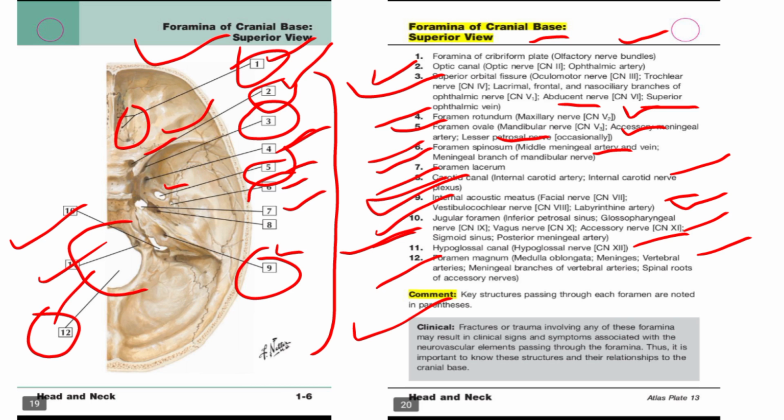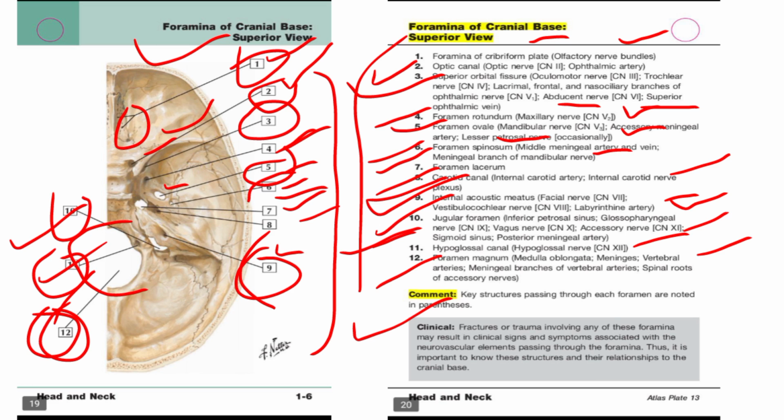Seventh is the foramen lacerum. Eighth, we have the internal carotid canal, and the ninth is the internal acoustic meatus. Tenth is the jugular foramen. Eleventh is the hypoglossal canal, and the twelfth is the foramen magnum. These are the foramina, note them and remember them, these are very important.